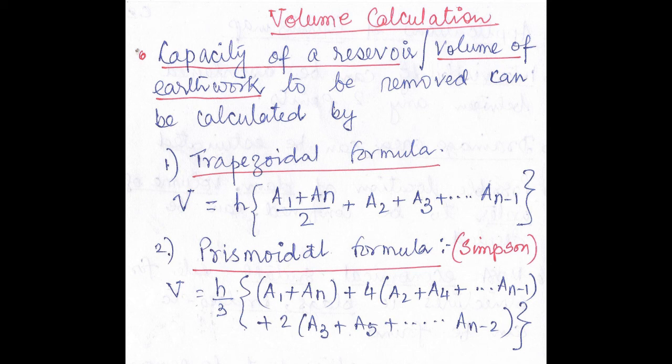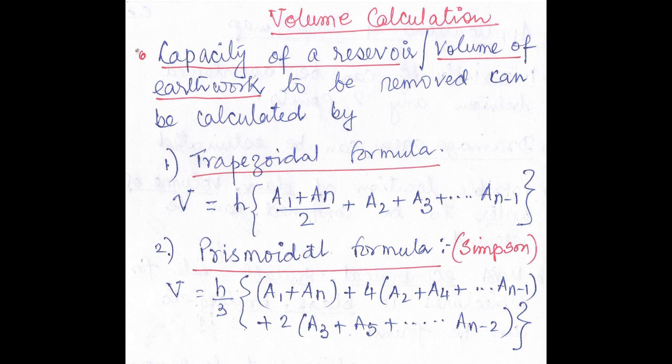Let us see the meaning of these symbols. Capital V is the capacity of a reservoir or the volume of the earthwork. H is the contour interval. A1 is the area bounded by the first and the second contour line. A2 is the area bounded by the second and the third contour line. Like this way, AN is the area bounded by the Nth and N plus 1 contour line.